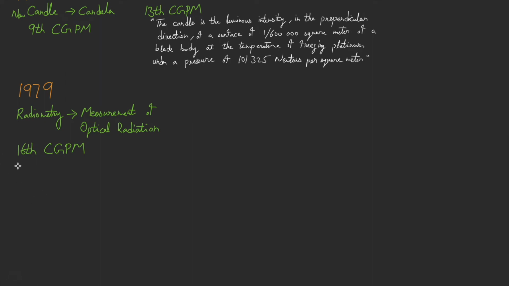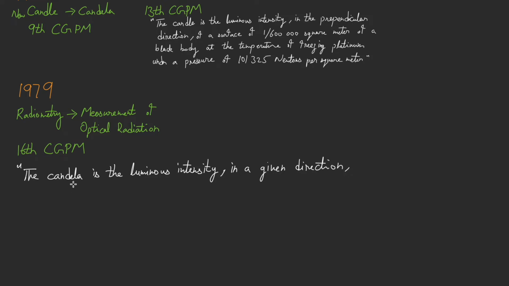So the definition was as follows: the candela is the luminous intensity in a given direction of a source that emits monochromatic radiation.